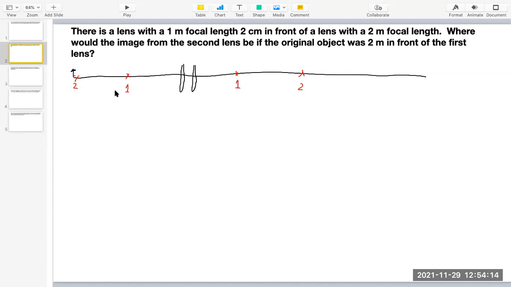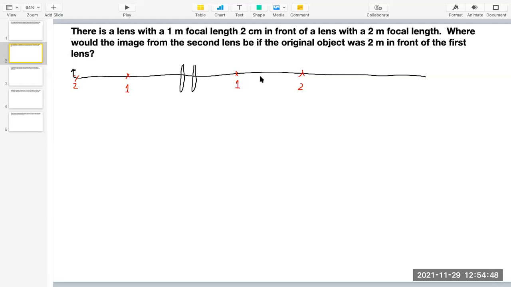So to go through the steps on this one, which is not quite drawn to scale, figure out where the image would be after it goes through the first lens. It's going to give you something on the other side, which is not where you usually have objects. So when you try and figure out the object location for the second lens, it's on the wrong side, or a negative object distance.